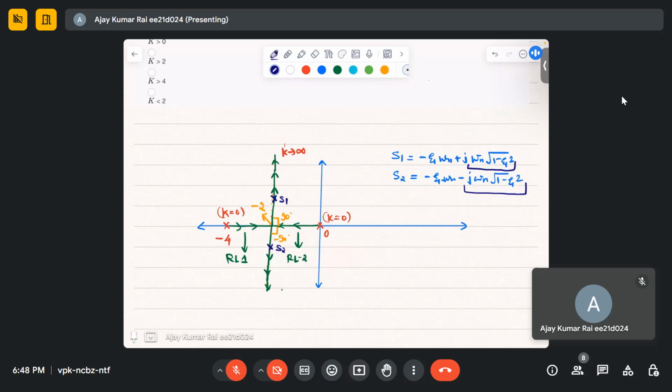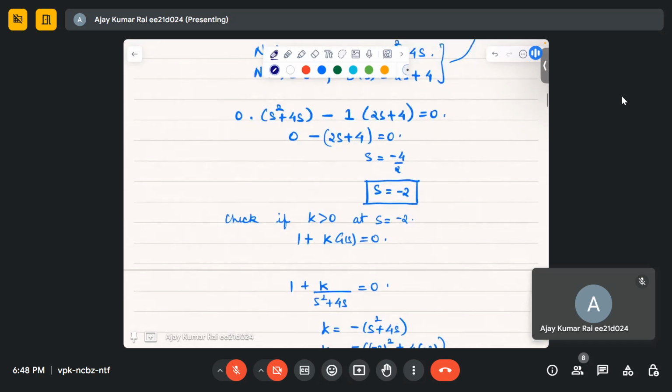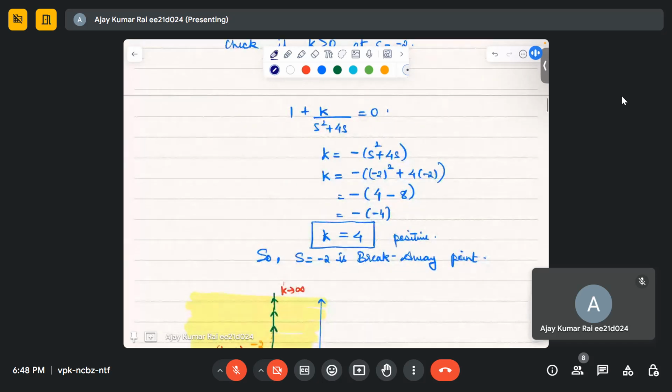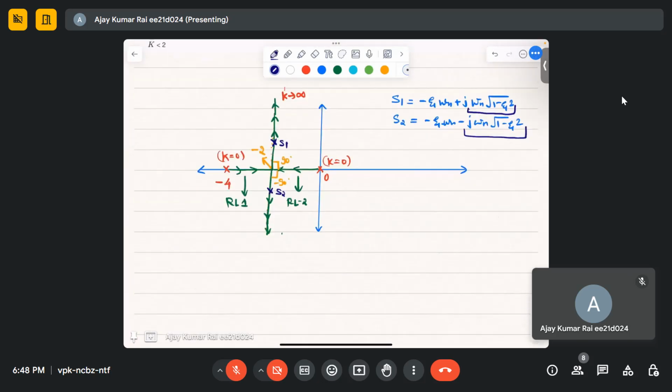So in the previous question we calculated that the value at s equal to -2 is k equal to 4. Let me write the value also. This point is -2, and what we calculated, k is 4.